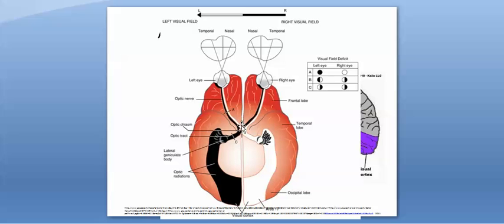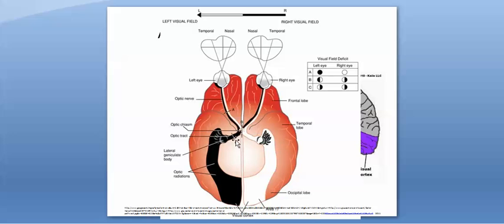We're not going to be able to process peripheral field information, because all of that information needs to cross over to the other side. That medial retina information, the temporal or peripheral vision, is not going to get over to the other side of the brain. So we're not going to have peripheral vision if we have a lesion here.